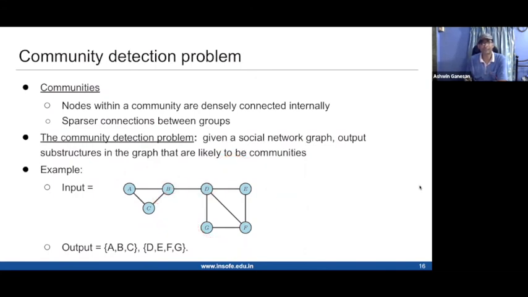There are reasons in the real world why you have a bunch of people forming a community. They usually have some common interest, or maybe they're in the same family or the same class or have the same hobby. There's some reason they're all meeting together. But basically, the goal is to detect the communities.